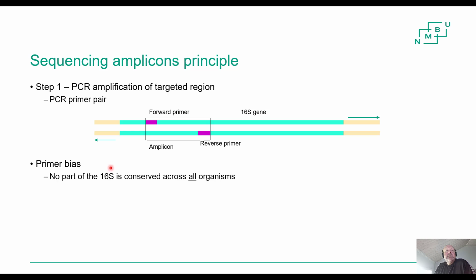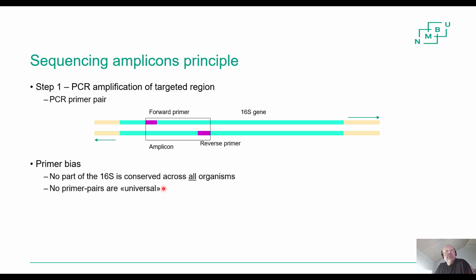Primer bias, what's that? Well, the problem is that even if this 16S or whatever marker we use is highly conserved, it's not like it's 100% conserved. So it's very difficult to find primers that will bind to absolutely all organisms here, right? They are not identical. Nowhere, even along the 16S, which is highly conserved. So no primer pair is universal. Even if some primers are called universal, they are not really universal.